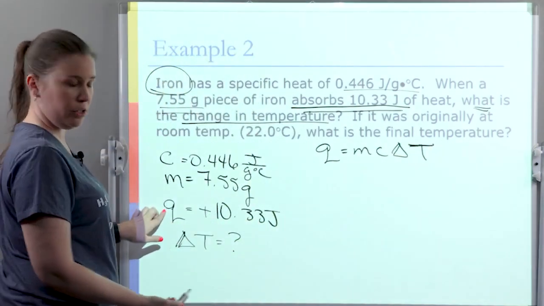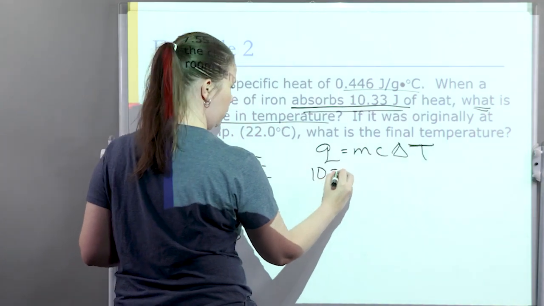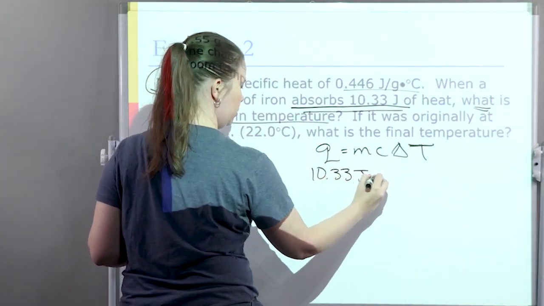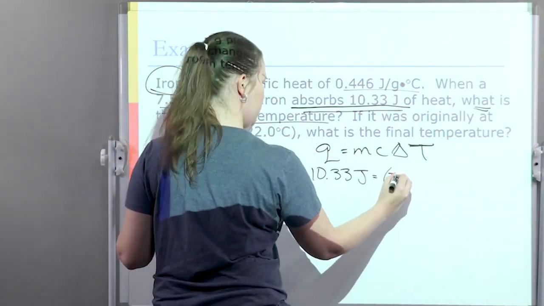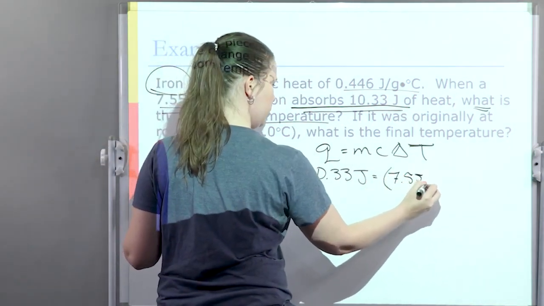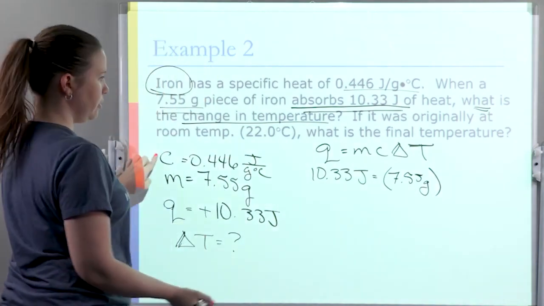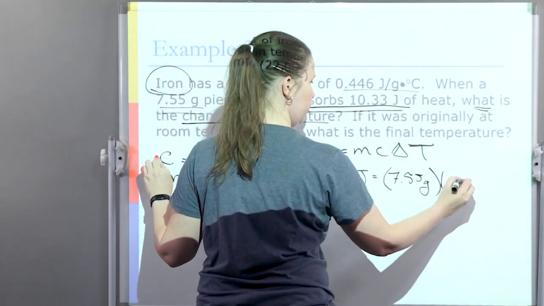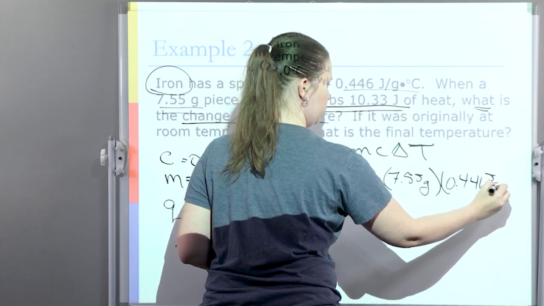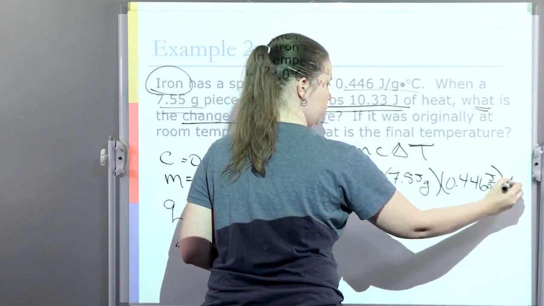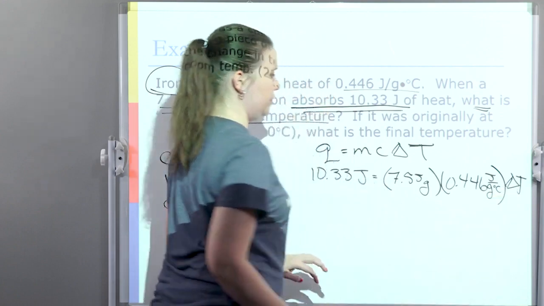Then I'm going to plug in the Q, the positive 10.33 joules, and then the mass of 7.55 grams, and even the C of 0.446 joules per gram degrees Celsius. And I'm solving for delta T.